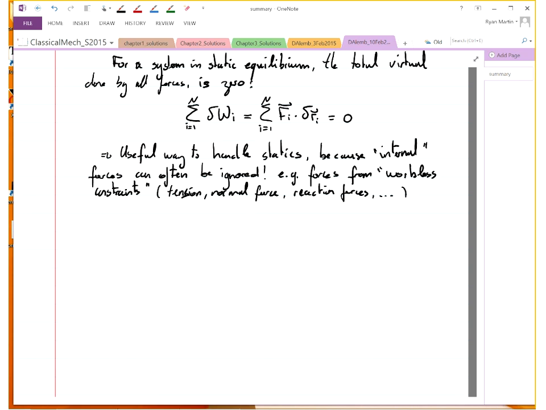Now, last week we continued by rephrasing this principle of virtual work using our formalism of analytic mechanics. So of course it already contained delta R in there, but we pushed it further and we expressed it in terms of the generalized coordinates. So we introduced the concept of a generalized force.